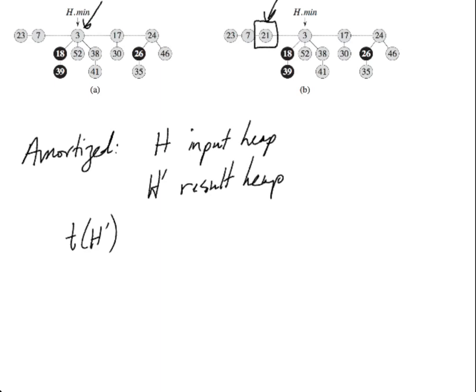The number of root nodes in the resulting heap is equal to the number in the original heap plus 1. We're just inserting 1 into the root list. And we're not marking any nodes, so the number of marked nodes stays the same.